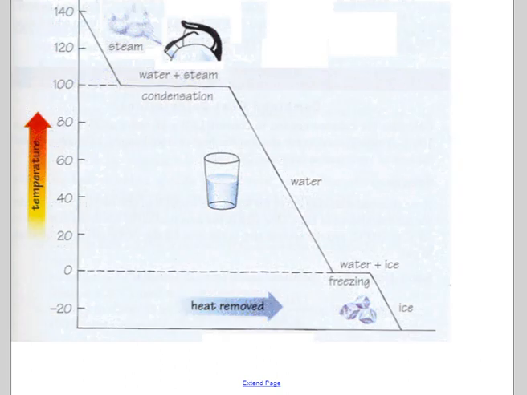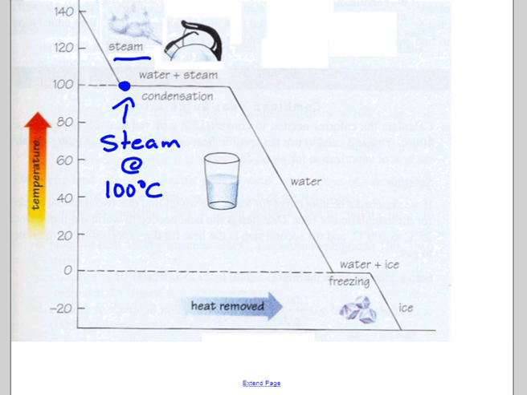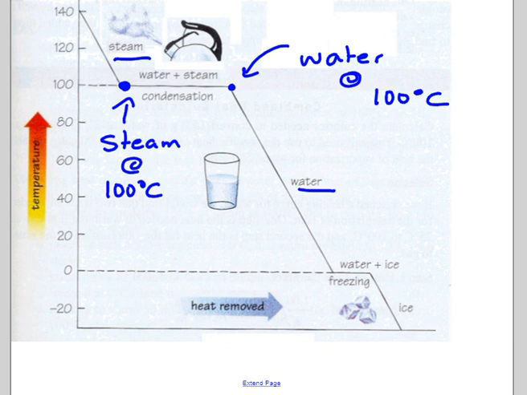Let's consider where these 2 points would be on the curve. Steam at 100 degrees Celsius would be right here. Water at 100 degrees Celsius would be at this point. We can see that they are at the same temperature.